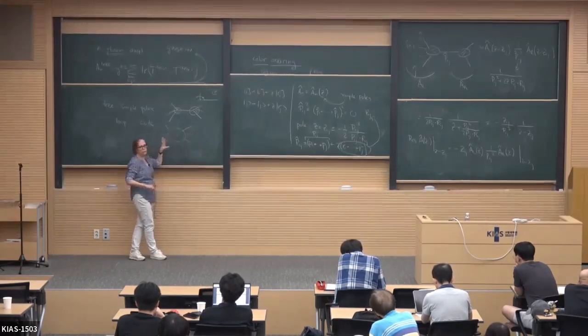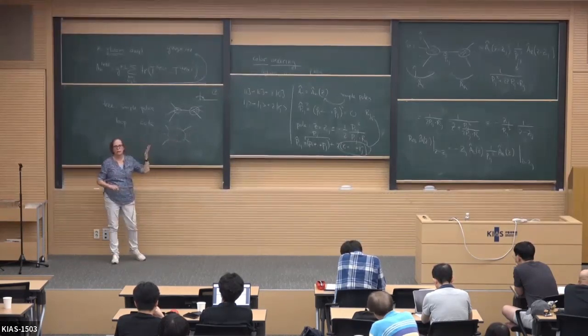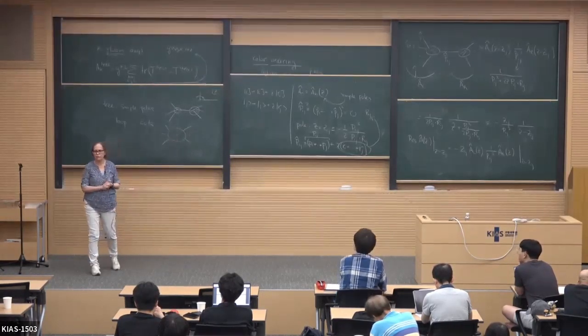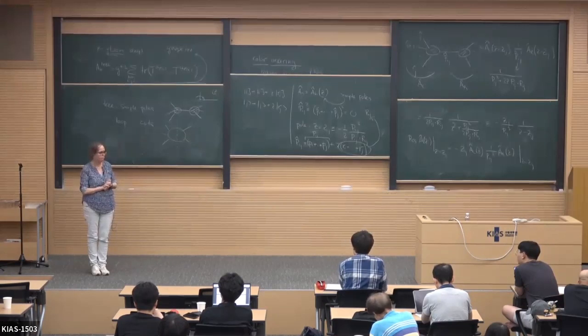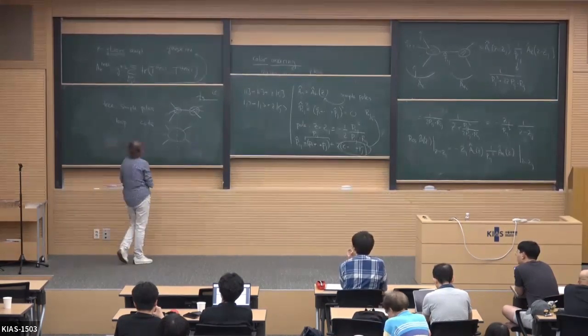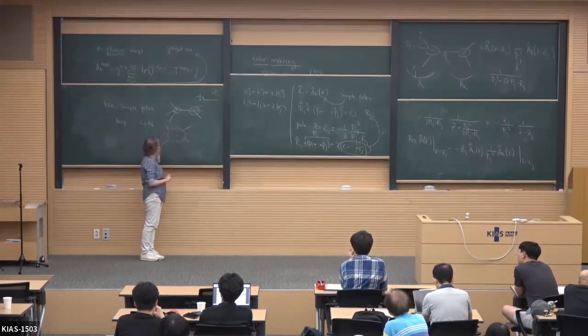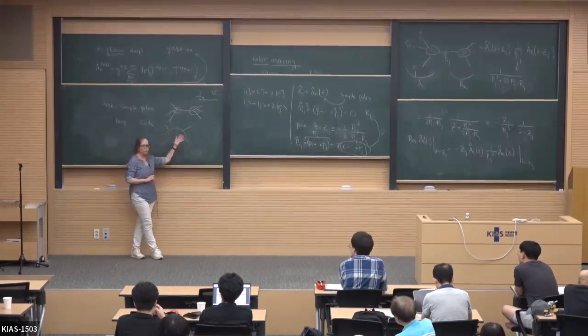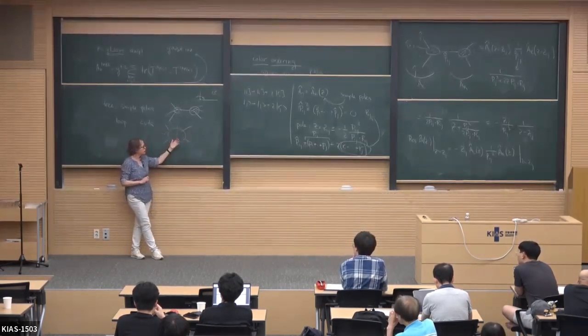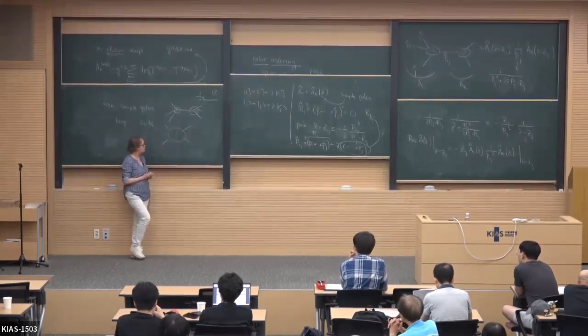So that determines the form of the cut. And from that, I can, in some cases, infer the amplitude. And so again, it's sort of the same story where you determine a higher point amplitude or higher order amplitude based on lower order amplitudes.